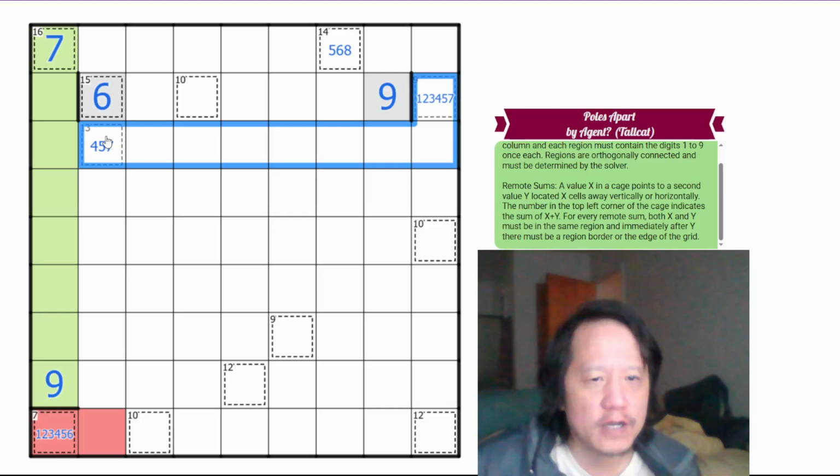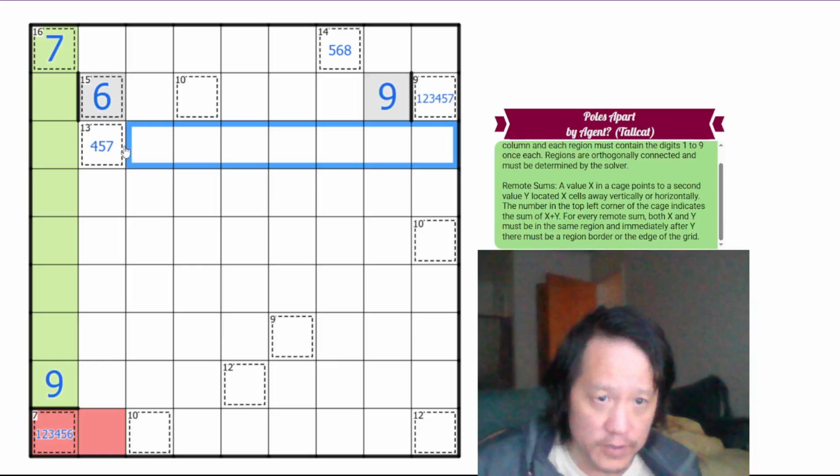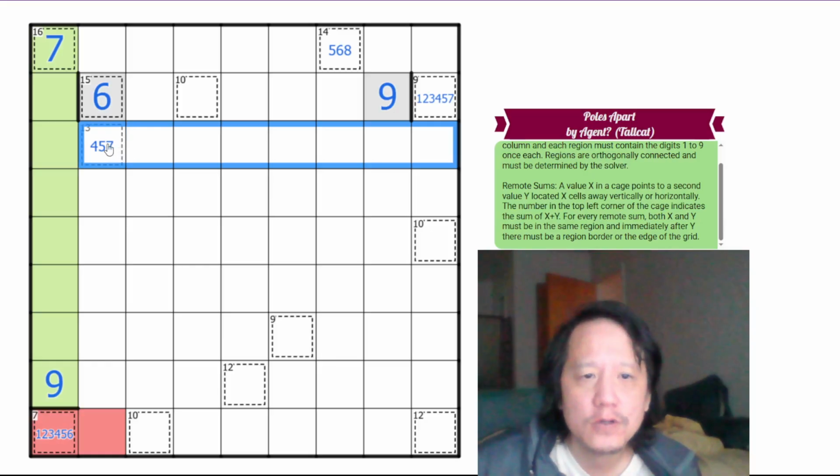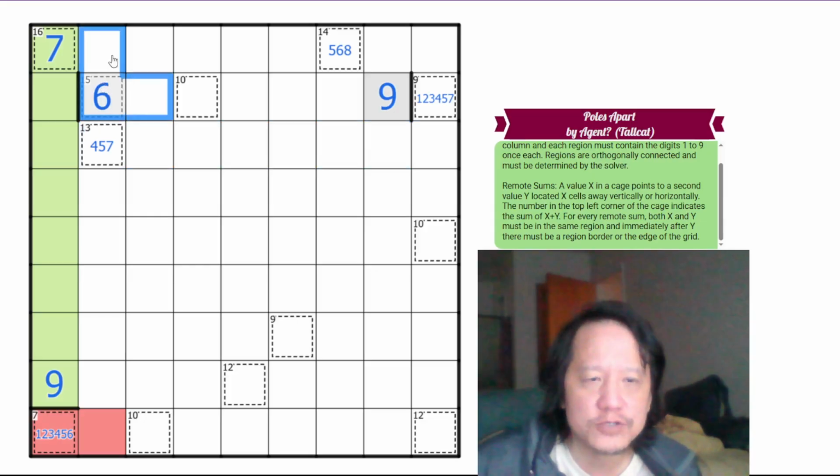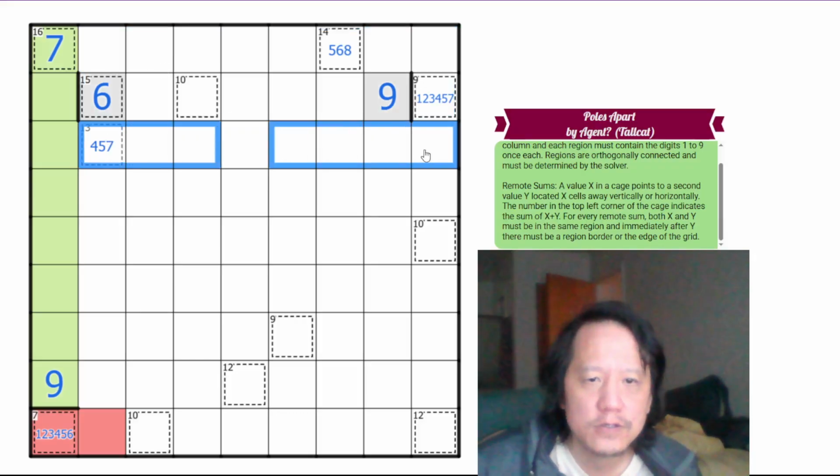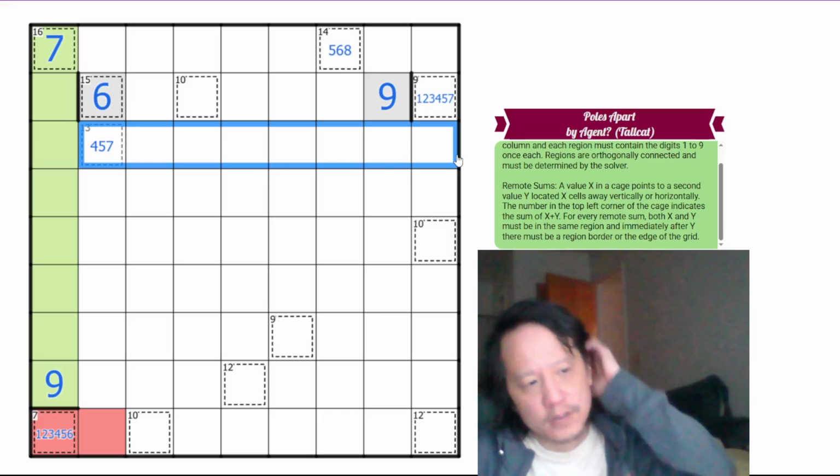So can it actually be 7? Even, okay, so if it goes here, how many digits do we have here? We have 2 times 8, 16 cells. You cannot form 2 full regions then with the 16.